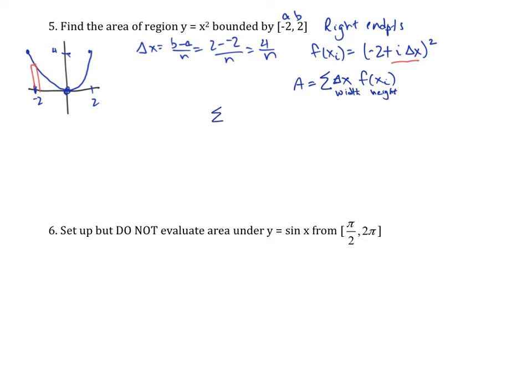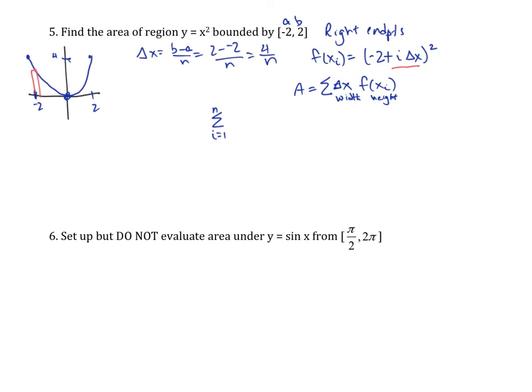So this will be the sum from i equals 1 to n, and it'll be this delta x times 4 minus 4i delta x plus your i squared delta x squared. So what I did was I obviously put f of x sub i in here, which ended up going here when I FOILed it out. And so now this is the approximation for my area.